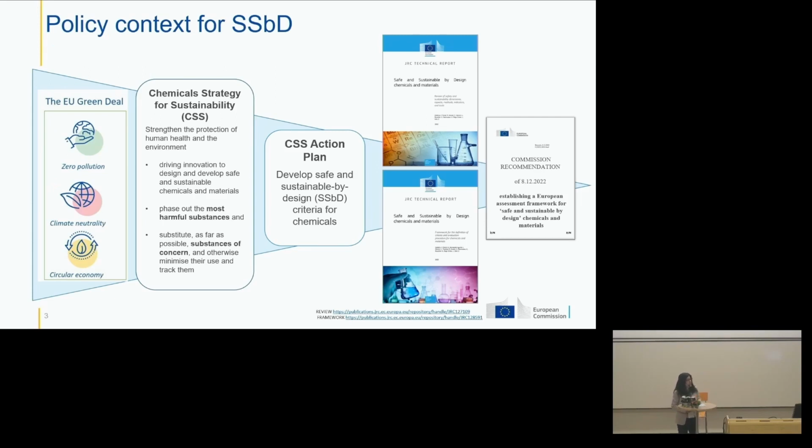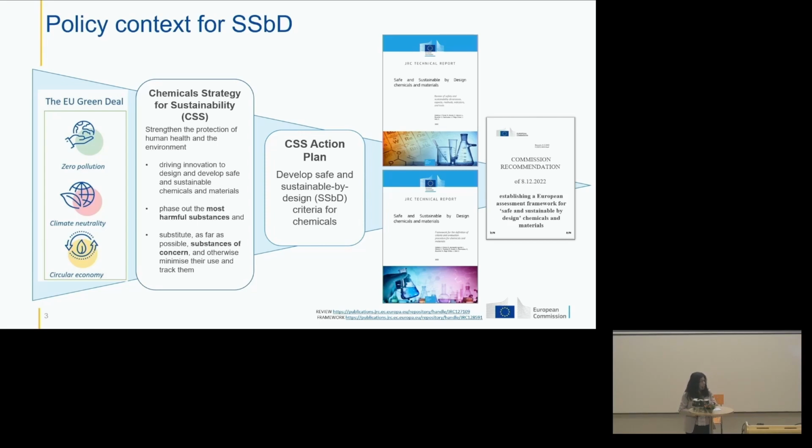So we are very familiar with the EU Green Deal and the zero pollution, climate neutrality and circular economy ambition of the European Commission. And we are also very aware of the different action plans and strategies set in order to achieve these goals. Among the environmental strategies, the Chemicals Strategy for Sustainability aims at protecting human health and environment.